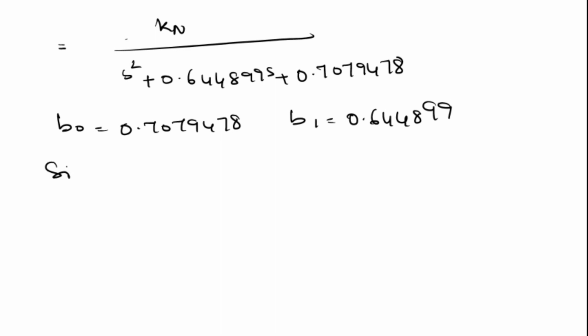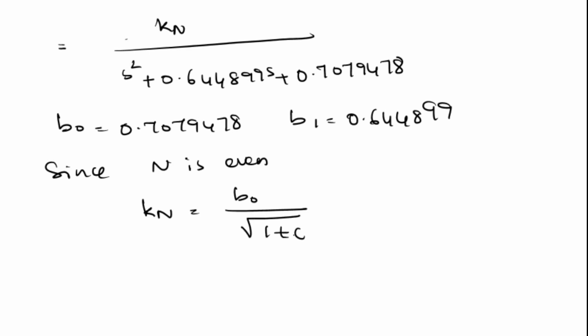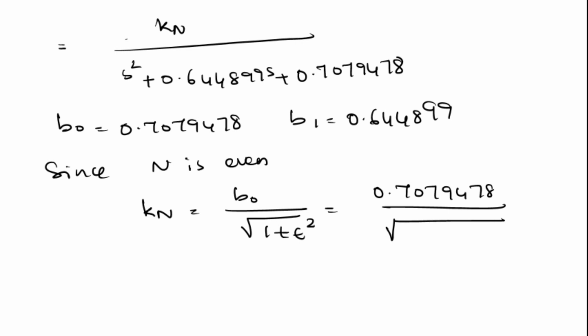Since n is even, the normalizing factor Kn is equal to B naught divided by root of 1 plus epsilon square, which is equal to 0.7079478 divided by root of 1 plus 0.995263, which is equal to 0.50119.